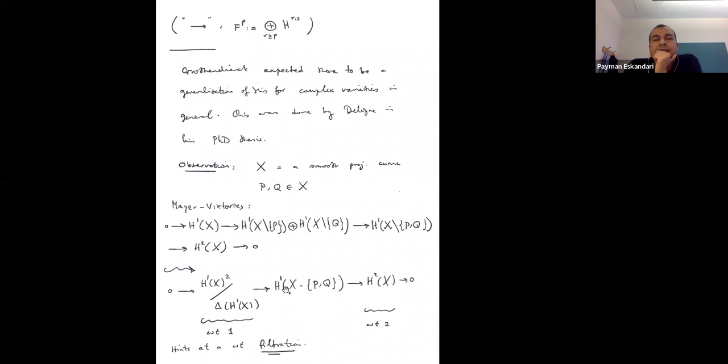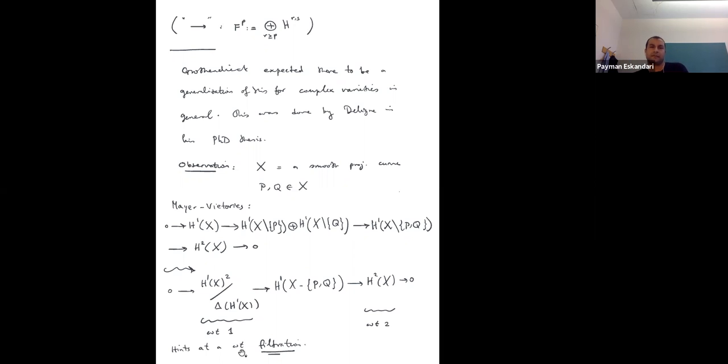So this hints that, if you want to define some generalization of Hodge theory for non-projective situations, instead of talking about just a single weight, you want to have a weight filtration.